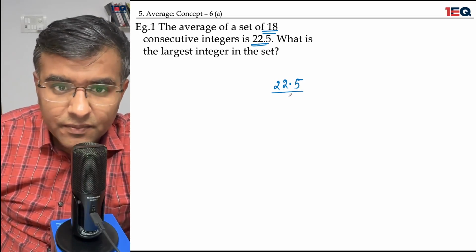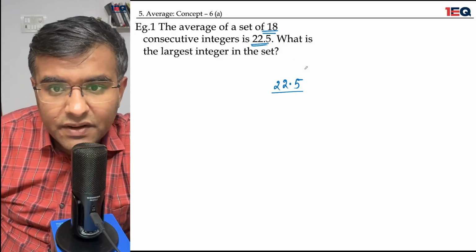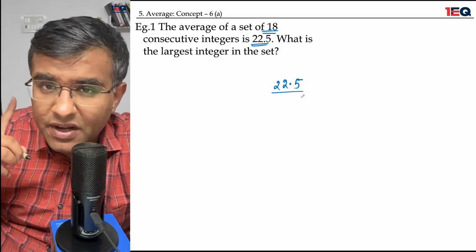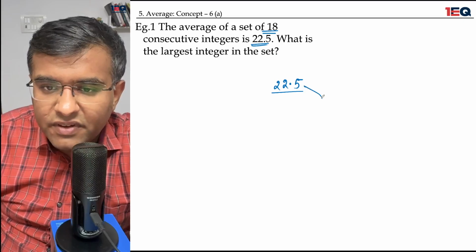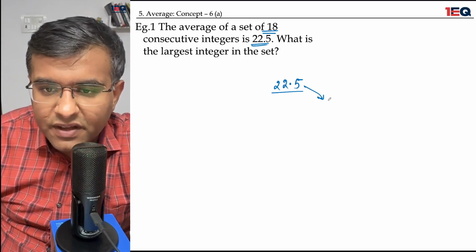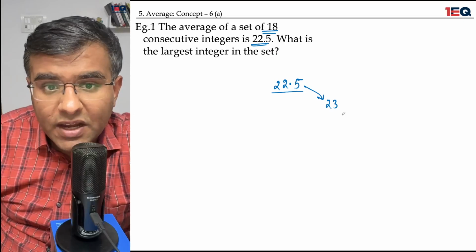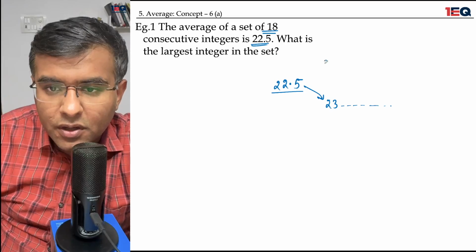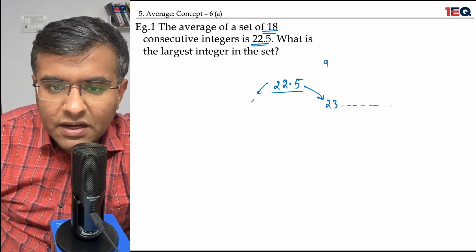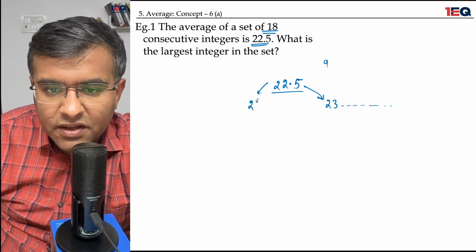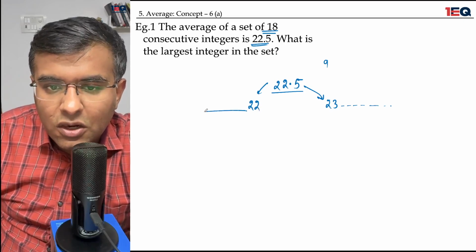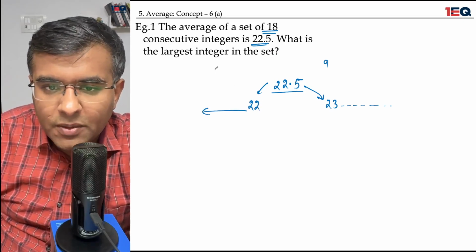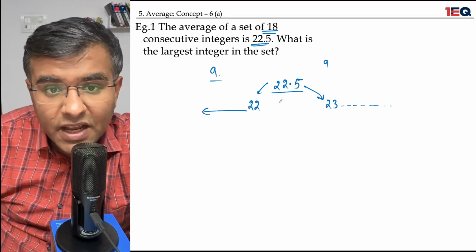I need consecutive integers, which means they are separated by one only. So the very next integer to 22.5 is 23. And how many more do I need? I need 9 of them over here. Similarly, on the left hand side, the lower consecutive integer is 22. And how many more terms would there be? There would be 9 more terms.